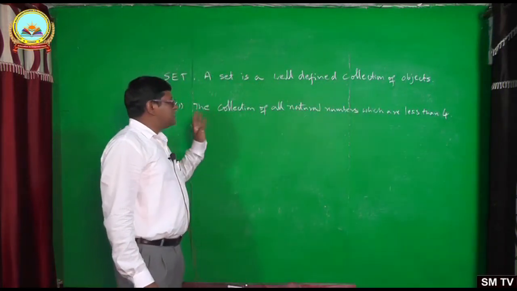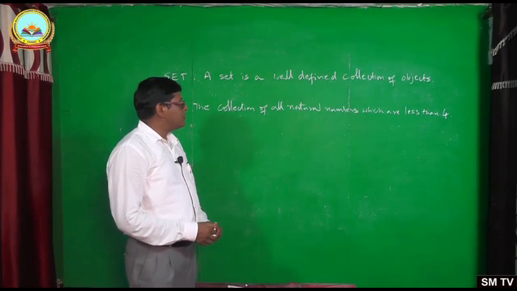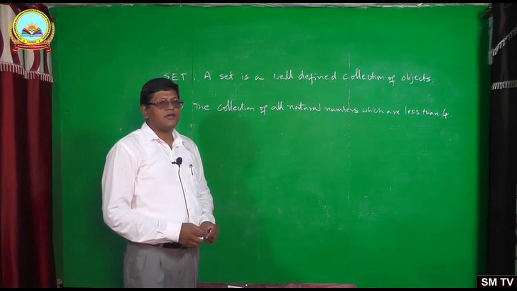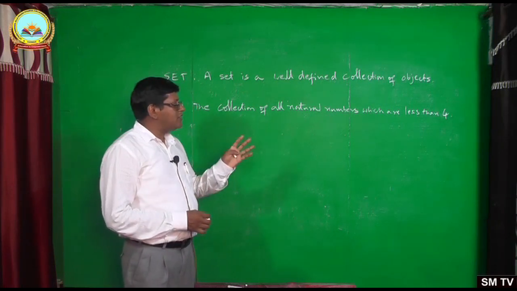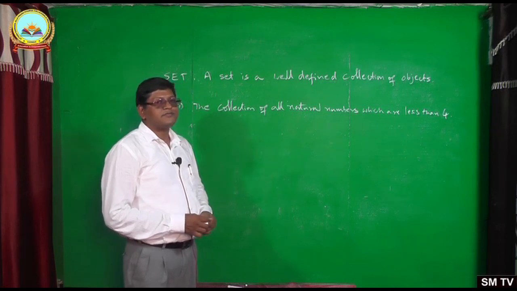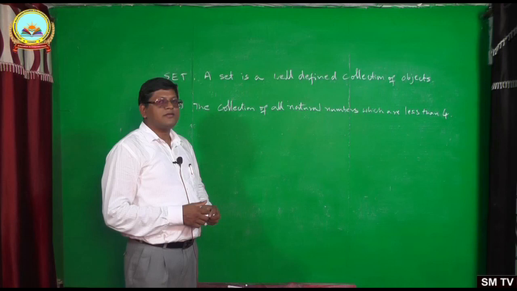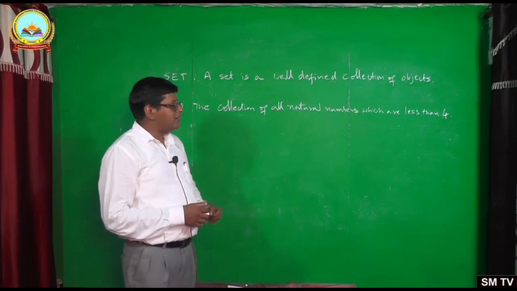Is this collection a set? See here, well defined means whenever an object is given, if you are able to say whether it belongs to that collection or not without any ambiguity, then we say that collection is a well defined collection.